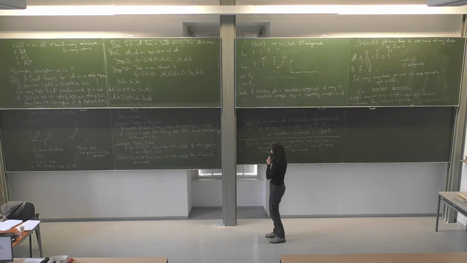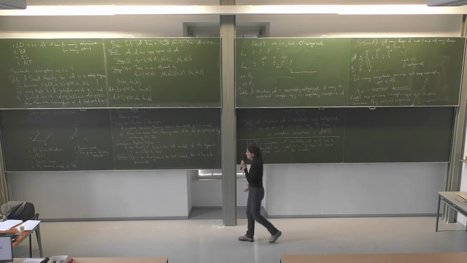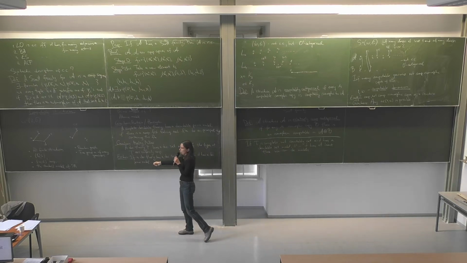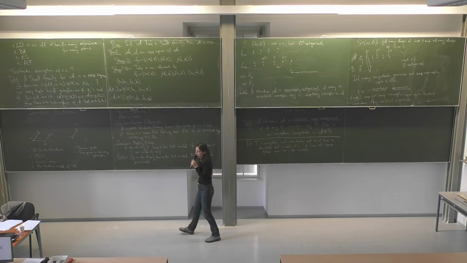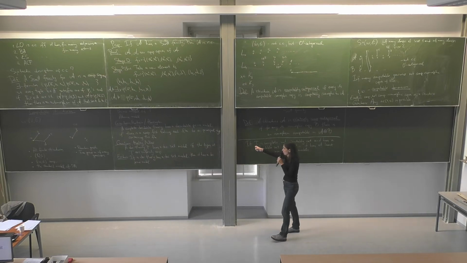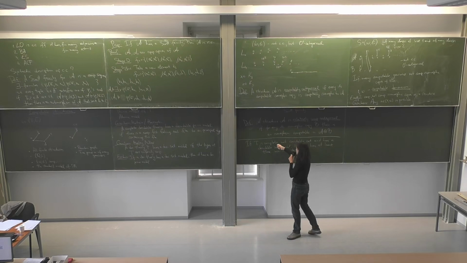This saturated model is the first one, the prime model is the second one, and the third one you get from the classical proof of Vaught's theorem. Because everything is decidable, the theory itself was decidable, everything is very effective, so the third model will also be decidable.